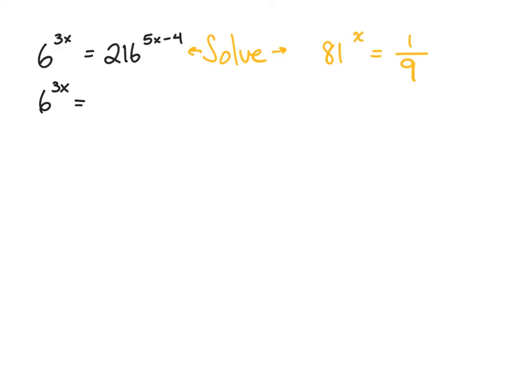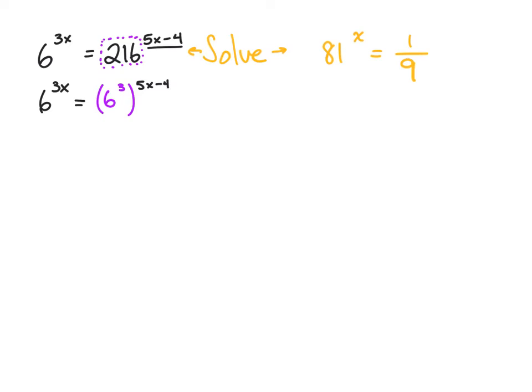But we have to figure out then, right in this little box, what power of 6 would give me 216? It would be 3. But then we still have this exponent, 5x minus 4. And as I am doing this exercise, I'm realizing that I forgot an exponent law.